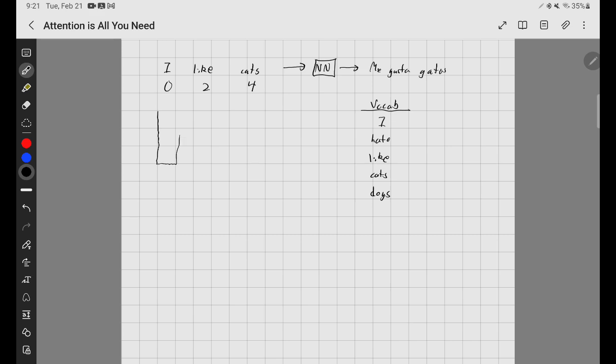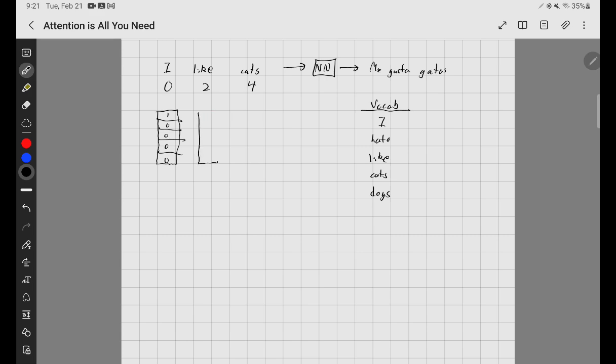This will be a vector of the same size as the vocabulary, and it has zeros everywhere except for the index where the word is in the vocabulary. So in this case, the word I would be represented as 1 0 0 0 0.